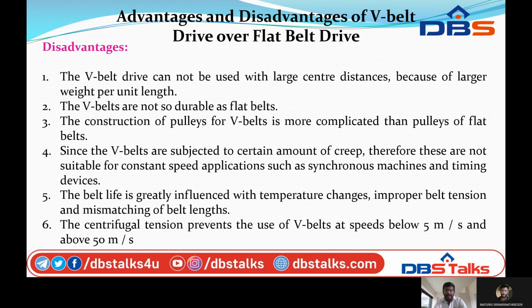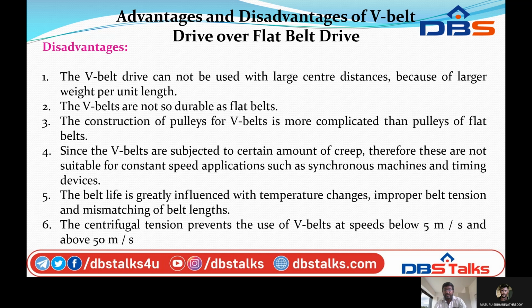Since the V belts are subject to a certain amount of creep, these are not suitable for constant speed applications such as synchronous machines and timing devices. The belt life is greatly influenced with temperature changes, improper belt tension, and mismatching of belt lengths.